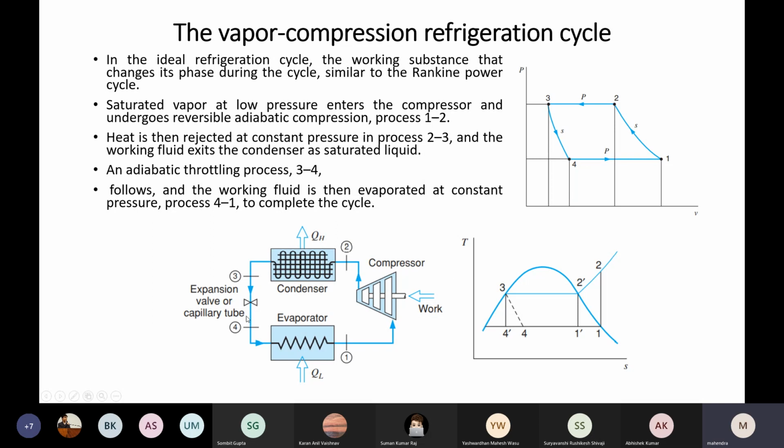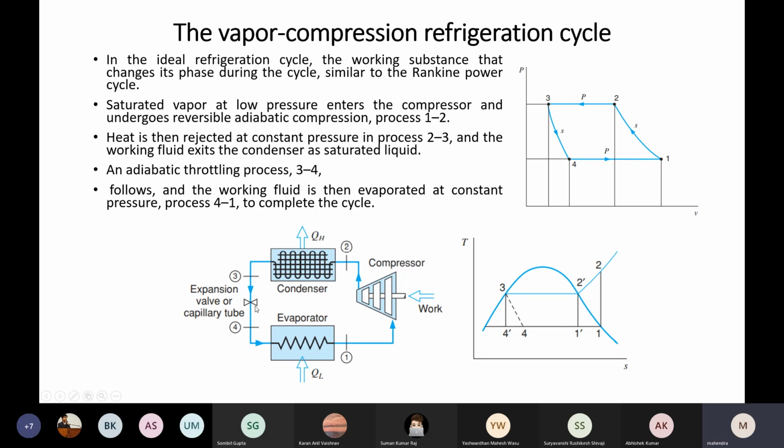Still, we can consider this isentropic expansion, ideally. But since it is in the liquid phase, its specific volume is very less. The work produced through this expansion process is almost negligible.